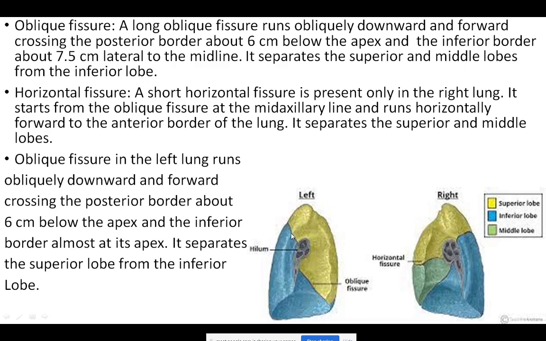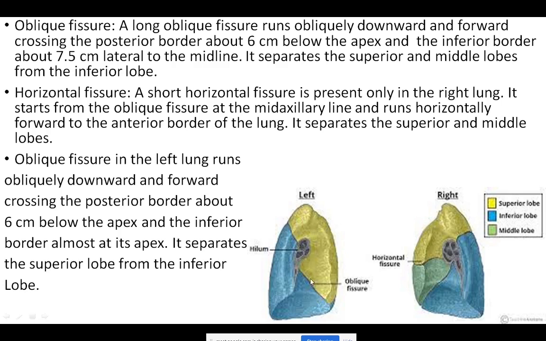The posterior border. It crossed, like on the right lung, the posterior border about 6 centimeters below the apex. Same thing, like on the right lung, the oblique fissure is about 6 centimeters below the apex of the lung, and the inferior border almost at its apex.